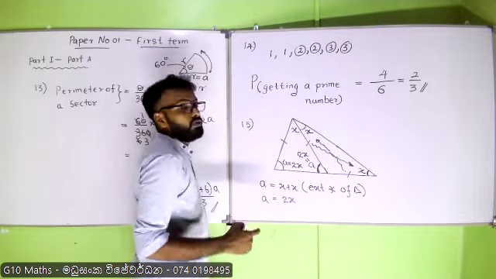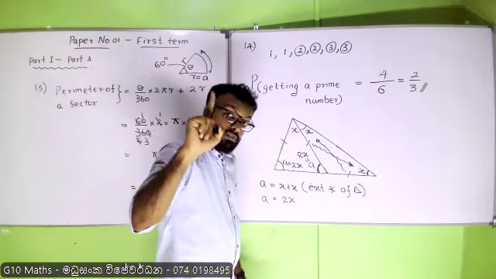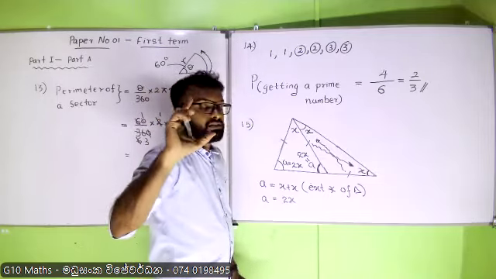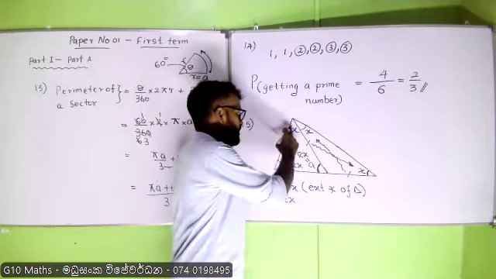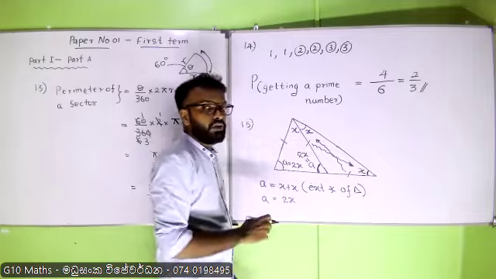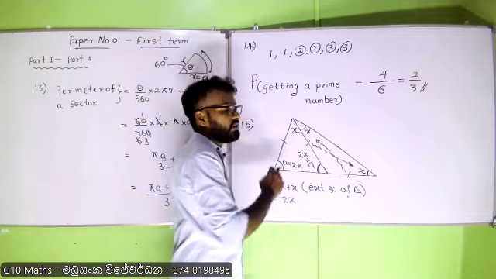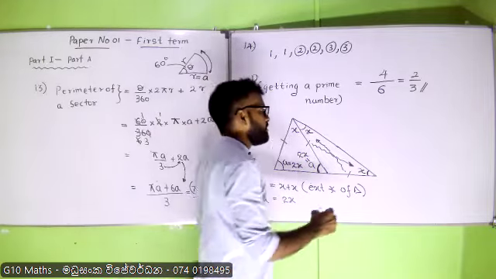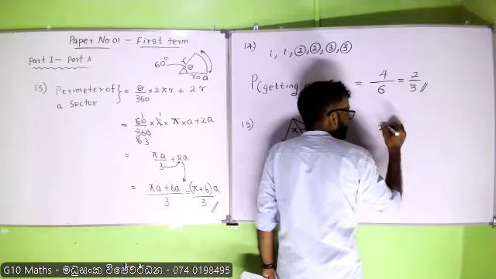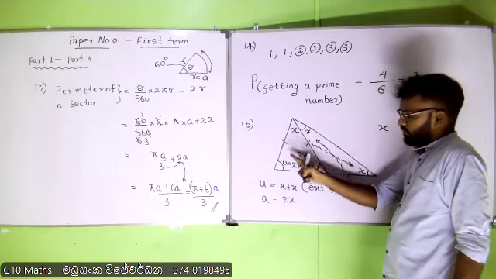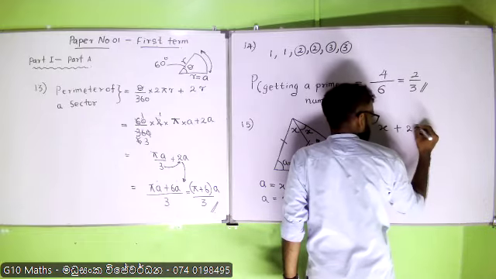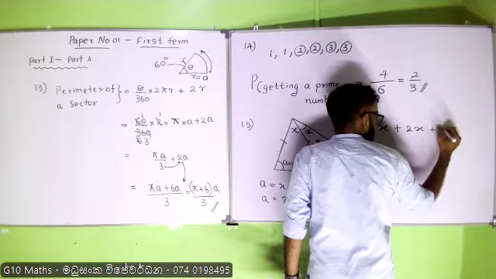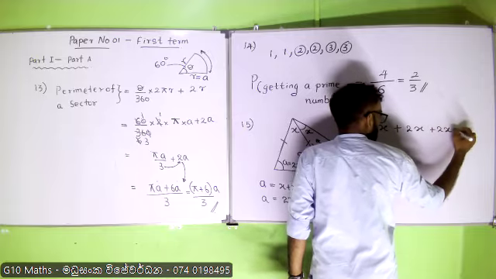Alright. So under triangles part 1, we discussed that theory as well, right? The summation of the interior angles of a triangle is equal to 180 degrees. So by using that theory, we can write x plus 2x plus 2x equals 180.